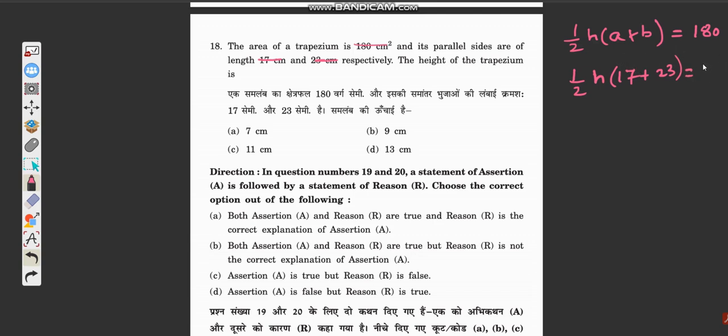Parallel sides means we can substitute. h equal to 180 into 2 by 17 plus 23, that is 40. This 40 will be in the denominator. 0, 0 cancelled. 2 1s, 2 2s, 2 1s, 2 9s. So the height is 9 centimeters.